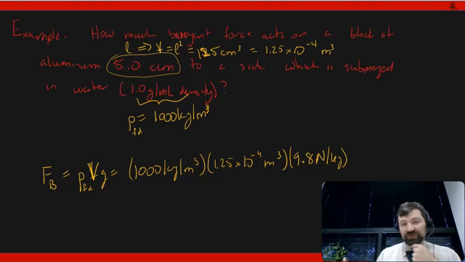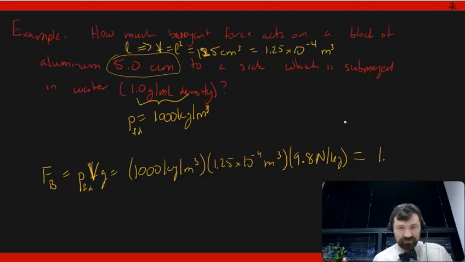Therefore, our buoyant force is 1,000 kilograms per cubic meter times 1.25 times 10 to the negative 4 cubic meters times 9.8 newtons per kilogram, which gives us a total of 1.225 newtons worth of buoyant force. If we round that off to two significant figures, this buoyant force is approximately 1.2 newtons.